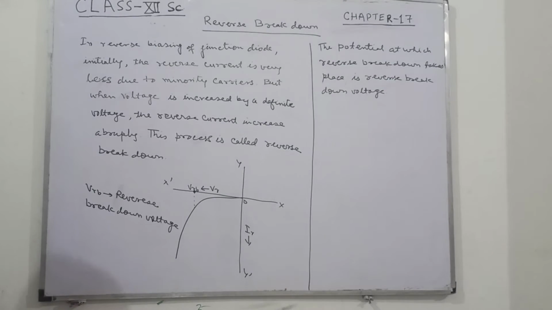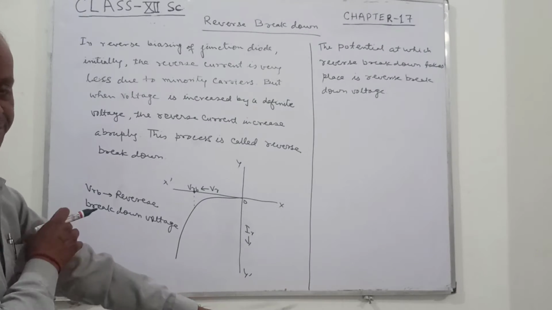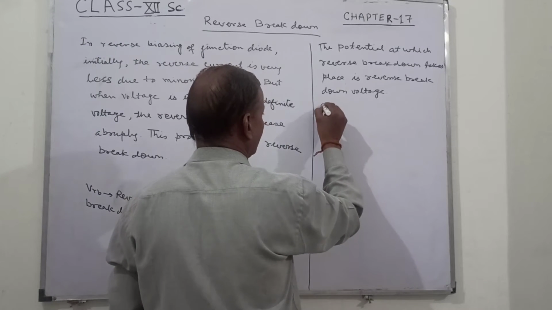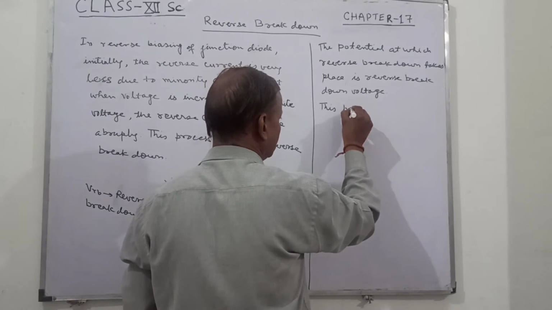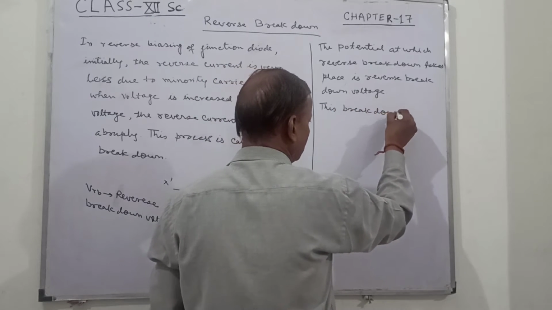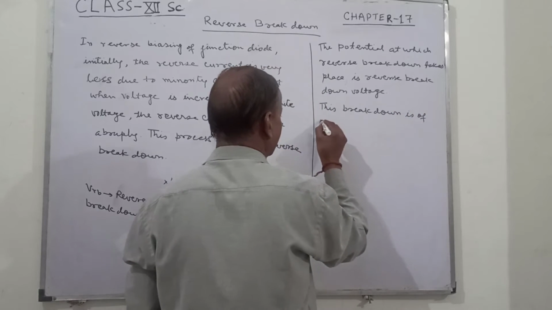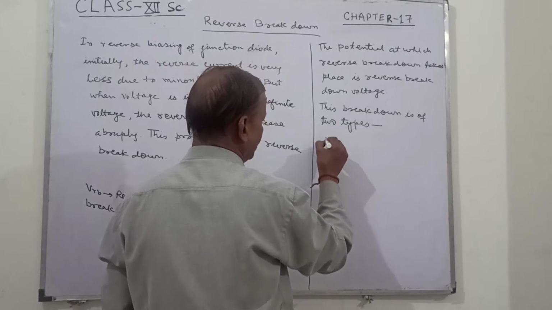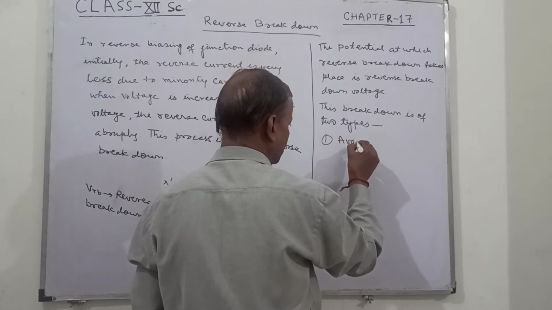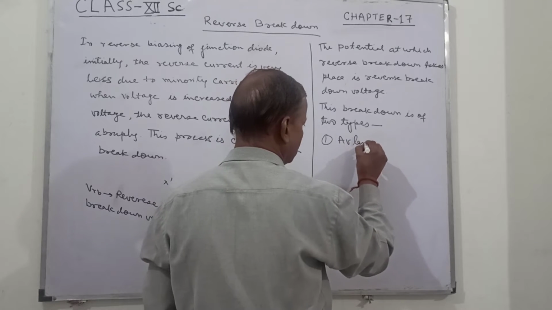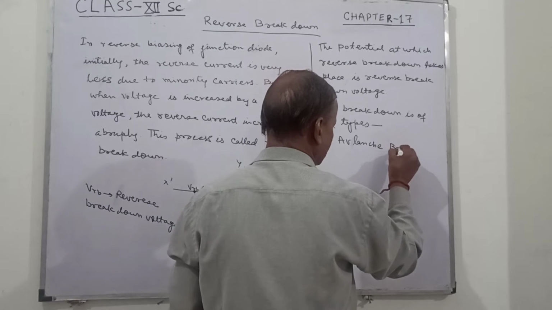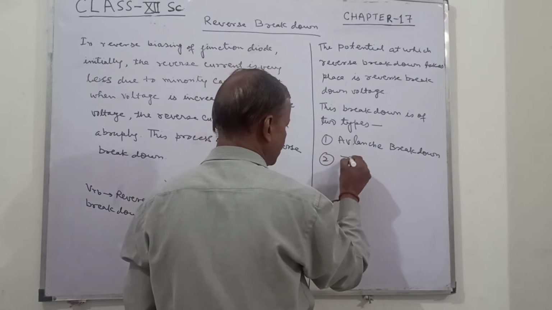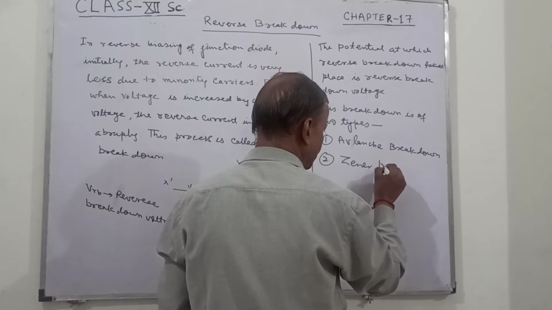Reverse breakdown is of two types. Number one, avalanche breakdown, and second, Zener breakdown.